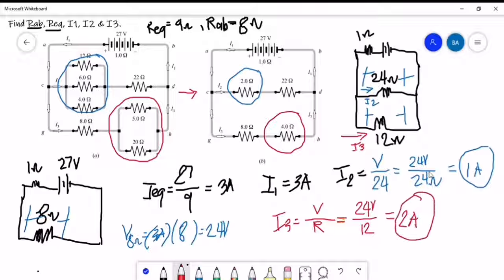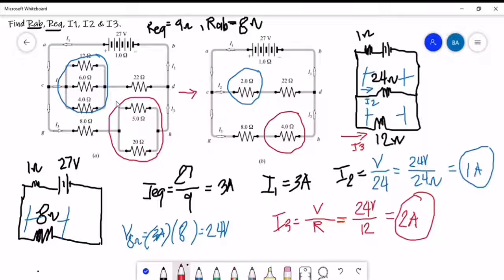So overall, if we are going to summarize our results based on our calculations, or based on our simplifications of the circuit, at first we have our RAB. Again, our RAB is the simplified resistance from this point. So the internal resistance here is not yet included.